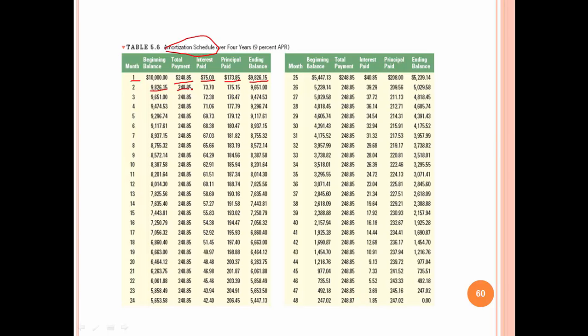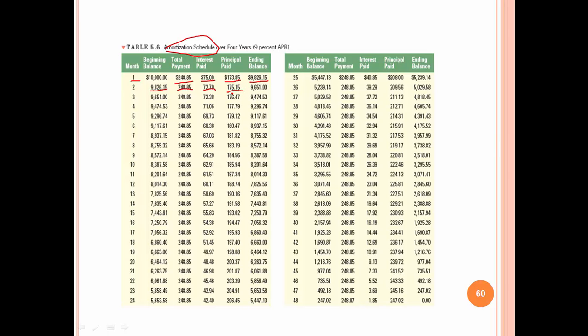However, since your balance is lowered, your interest will be lowered, because the $73.70 here is your balance of $9,826 multiplied by the 0.75% monthly interest rate. Remember, your total payment is fixed, so within your total payment, if the interest paid is lowered, then your principal paid gets higher.